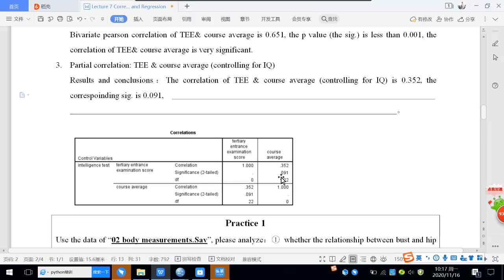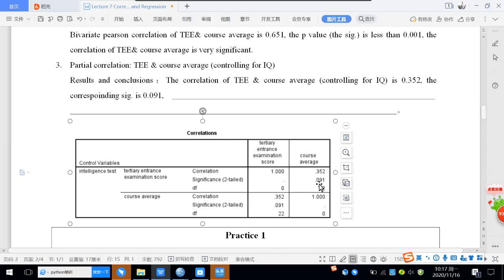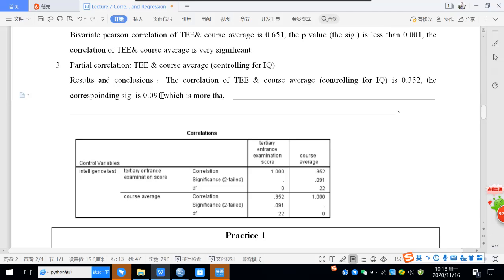Look here, it's 0.091, which is more than 0.05.